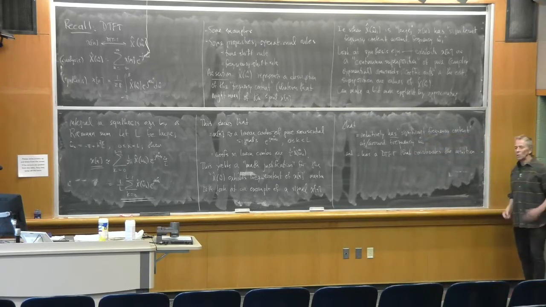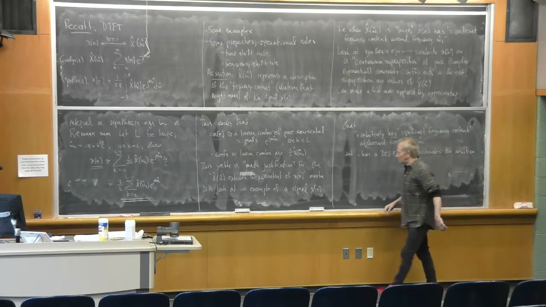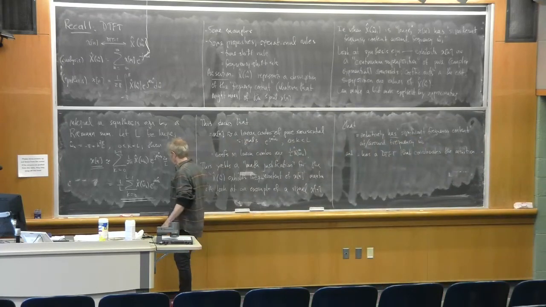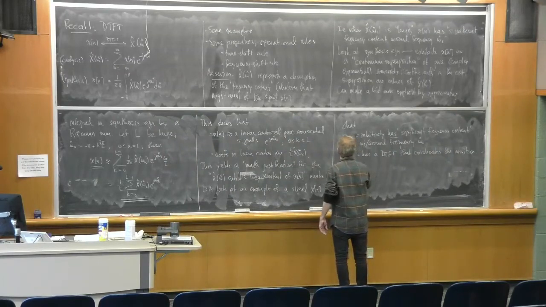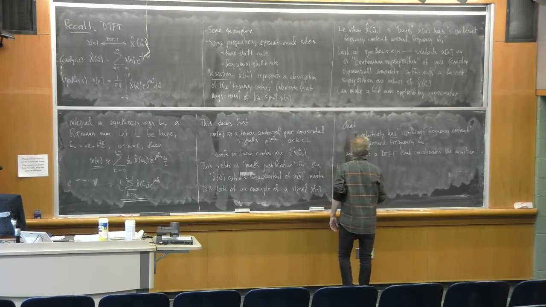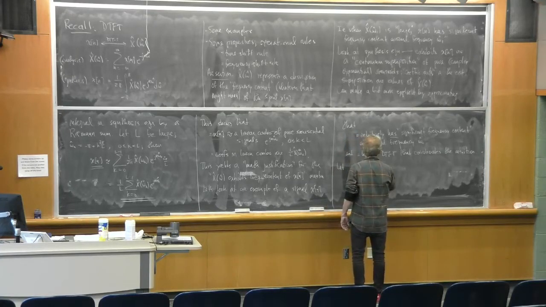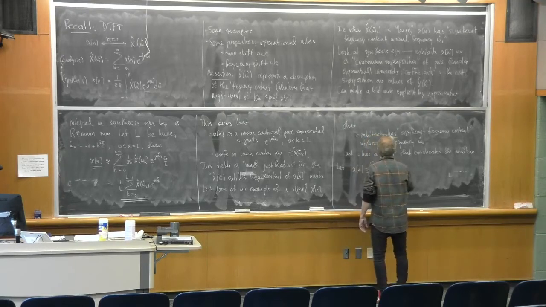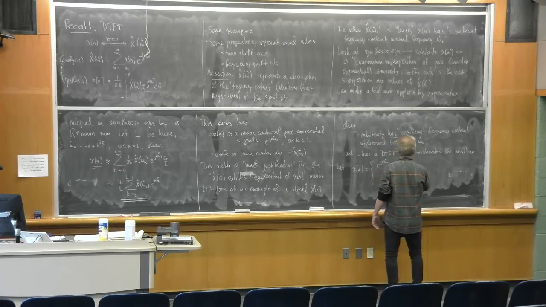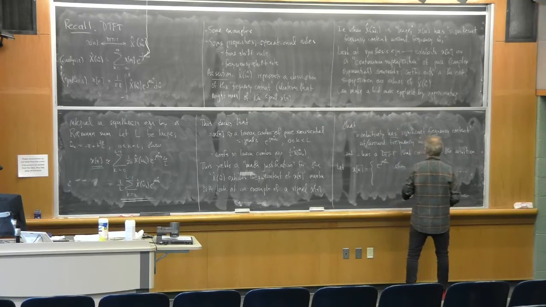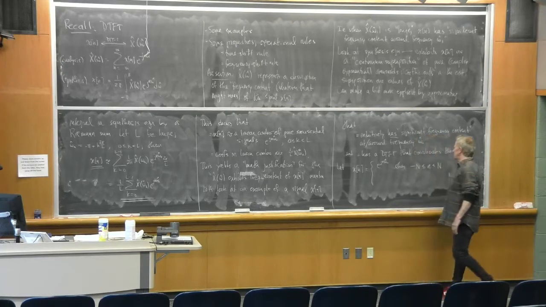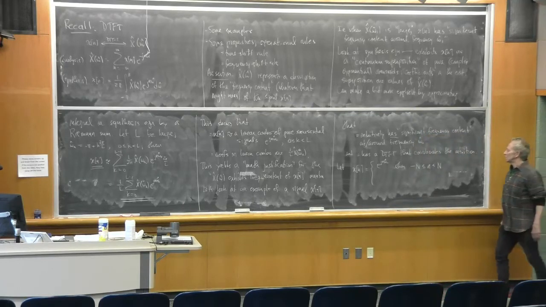Okay? What is the signal going to be? Our signal is going to be x of n equals e to the jn omega 0 hat when n is between, say, minus capital N and capital N, and 0 otherwise.